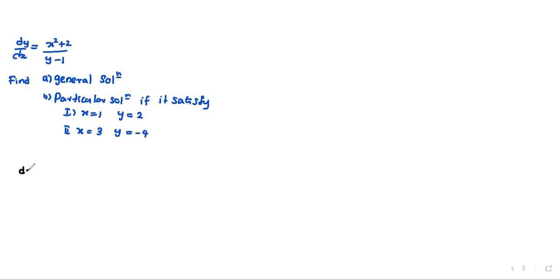Initially we can say dy by dx, starting with part A, equals x squared plus 2 over y minus 1. Bring dy and dx to the top and separate the variables, x terms on one side and y terms on the other side. Then integrate both sides.